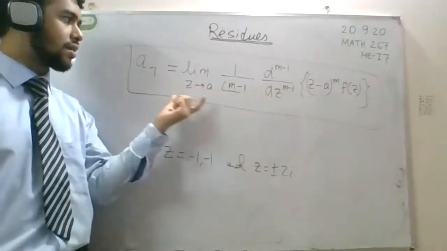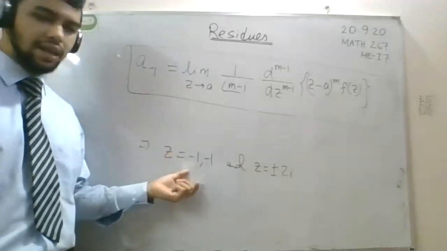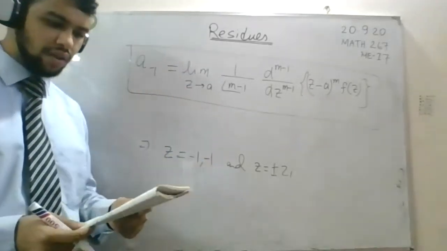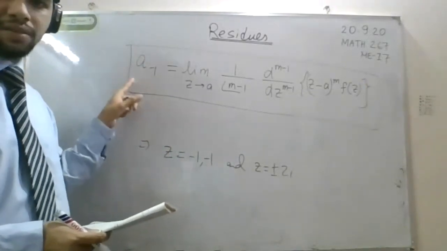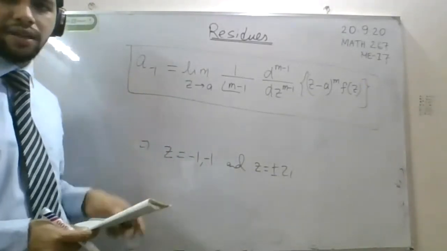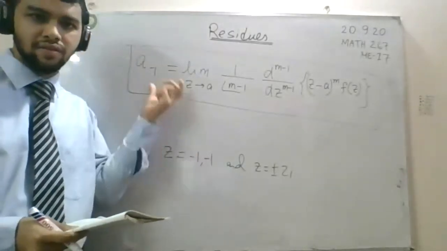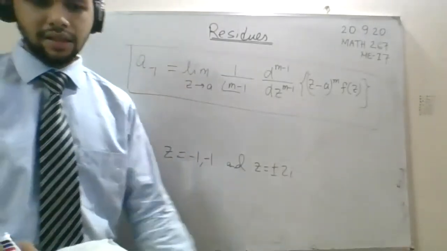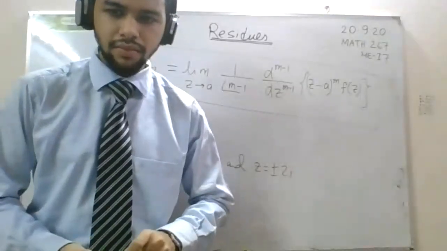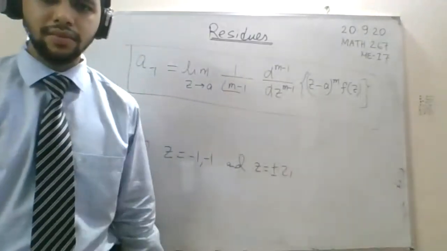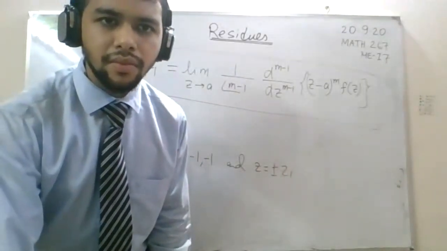Okay, so you have to apply this formula to find the residue for a double or higher order pole. Okay, so next class I will also explain and prove this theorem, and after that show how to find the residue of this function. Okay, clear everyone? Thank you everyone.